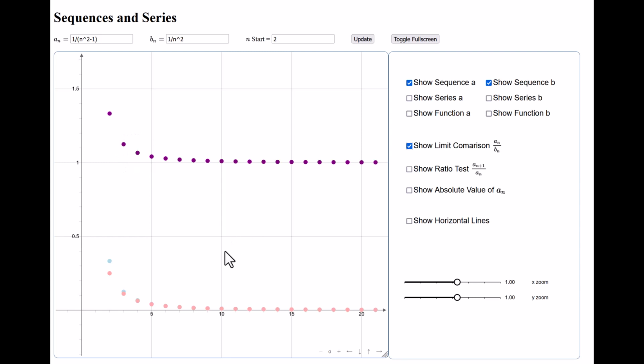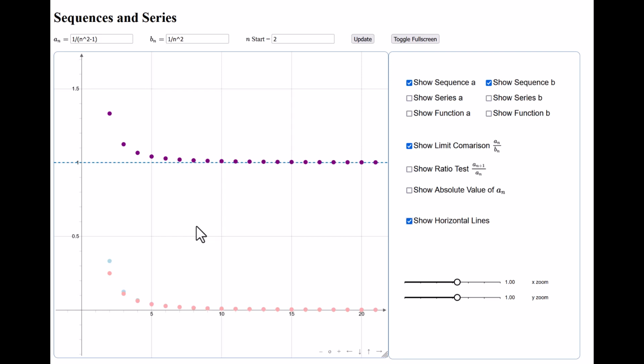Now, if you'll notice, the value of this limit comparison certainly is approaching a value. It's approaching 1. It's not running off to infinity or going to 0. So ultimately what that means is that this is going to happen whenever the two series in question are going to 0 at about the same rate.